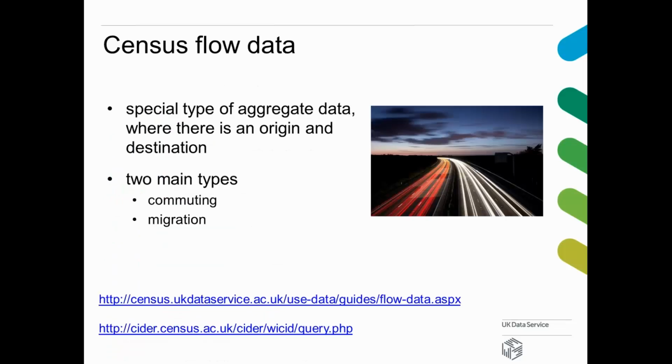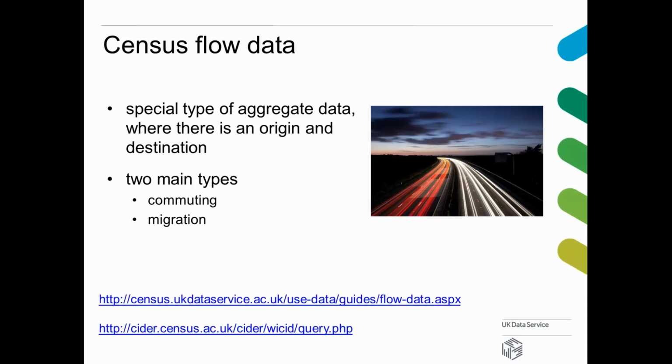Okay, so the third type of census data is flow data, and this is a very specific type of aggregate data. And this shows where people are moving from a point of origin to a point of destination. And there are two types, so that's commuting between their place of residence and their place of work. And the second is migration, and that's derived from the place of residence on census day compared with the usual residence in the previous year.